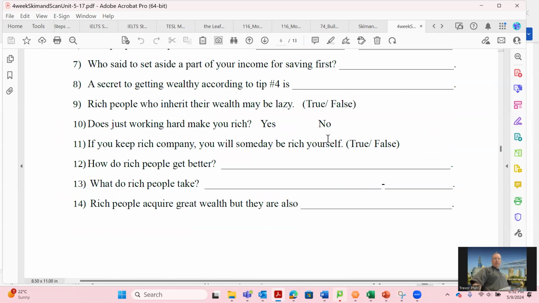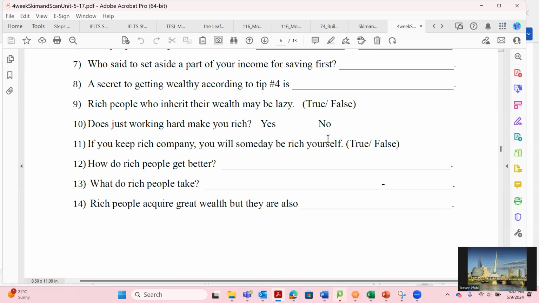Does just working hard make you rich? Yes or no? It is important to work hard. Let's look at this, because this sentence is not written deliberately in here, but let's look around the world.